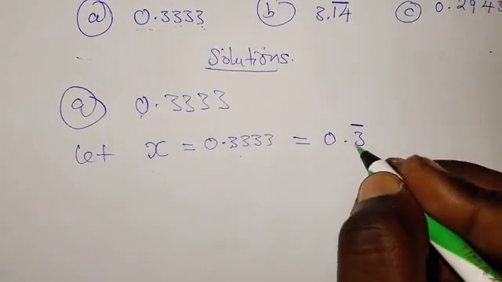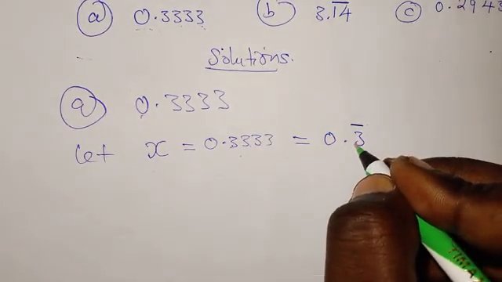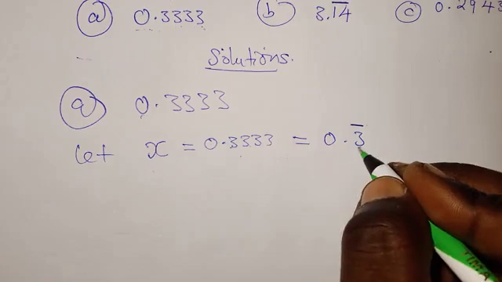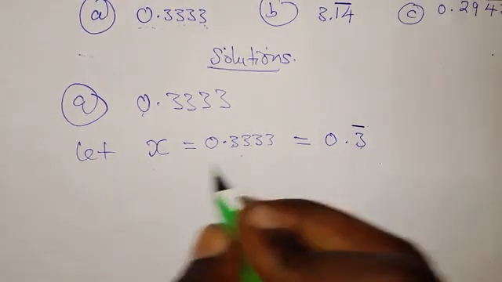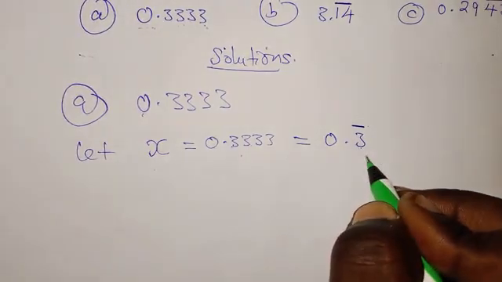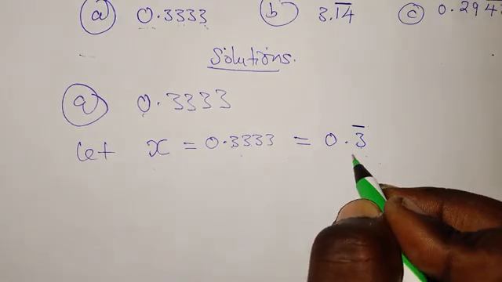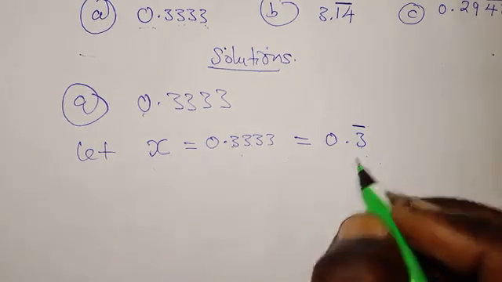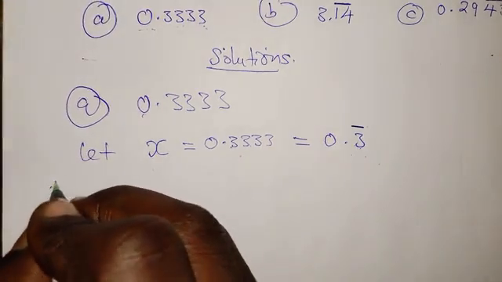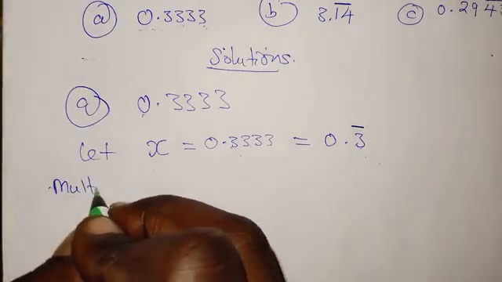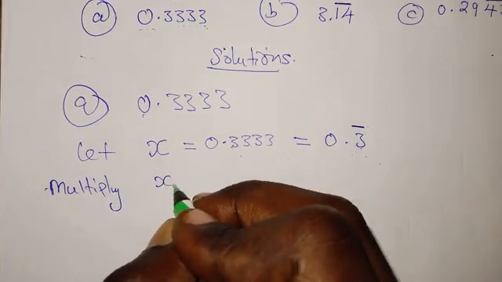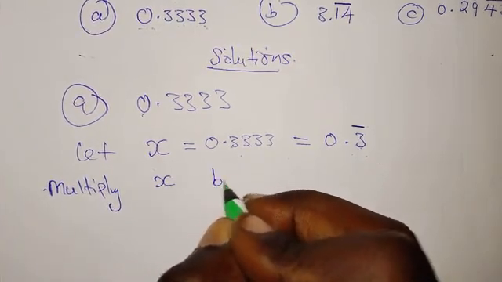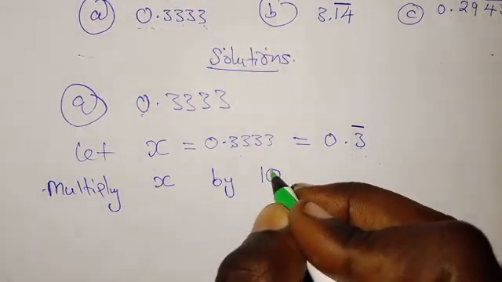Okay, so now we have 0.33. This is my x. So what I'm going to do is simply say multiply x by 10.